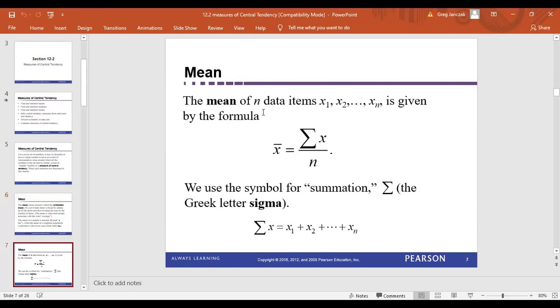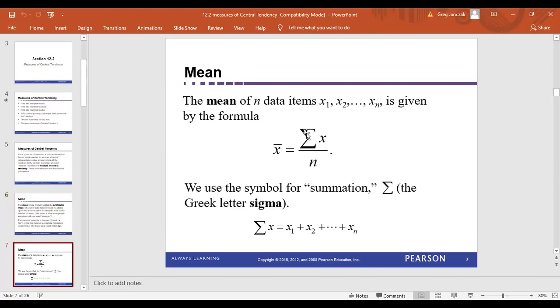So N is the number of data items. If our class, I believe, is 18 students, then N would be 18. And the data items would be like the tests, test 1, test 2, test 3, test 4, and so on.